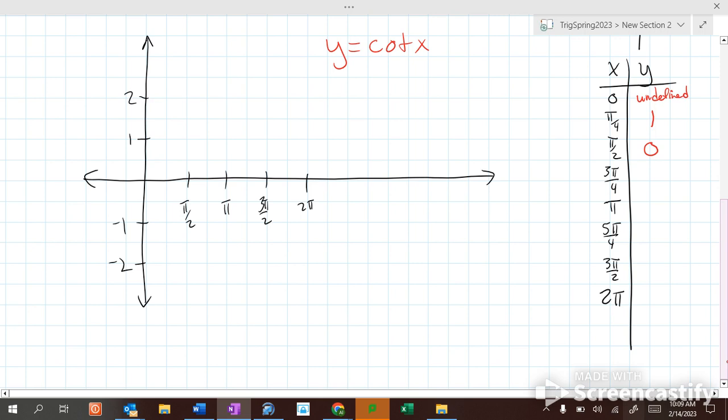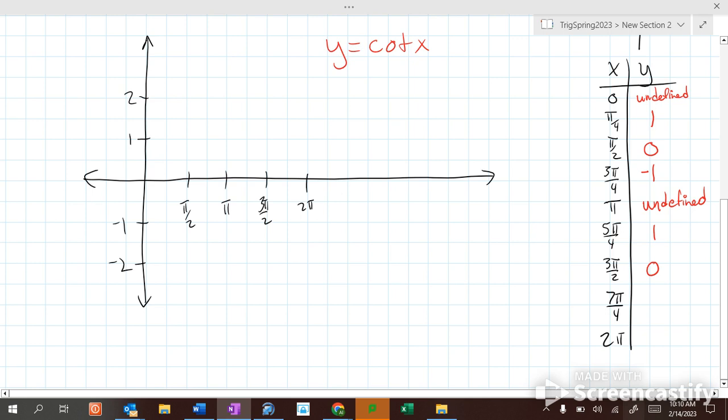What about 3 pi over 4? Negative 1. Oh, I forgot one. Forgot about 7 pi over 4. That poor little chap. 7 pi over 4.